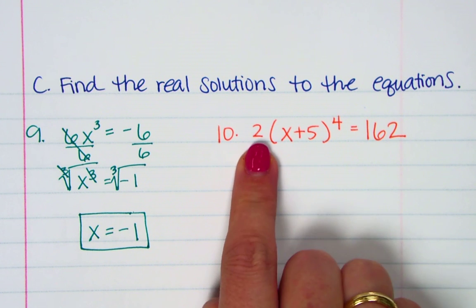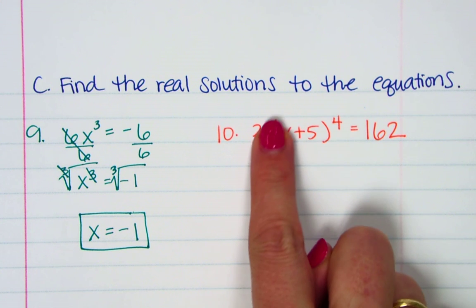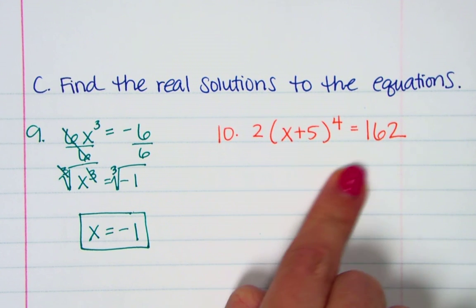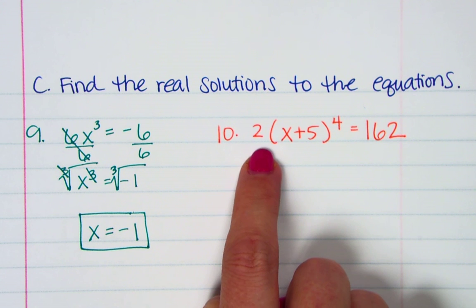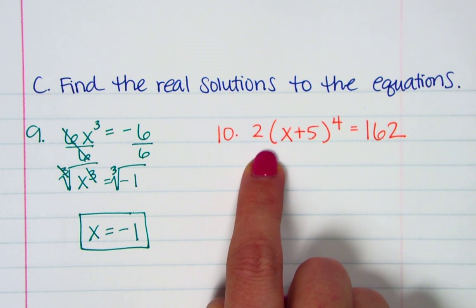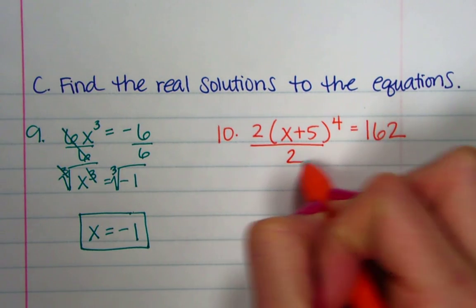Since there is a 4 outside here, that makes this impenetrable. The 2 cannot go inside, but we want to undo the 2 anyway. So distributing is multiplying. So how do we undo this 2? Divide. Divide, right? We divide by 2.